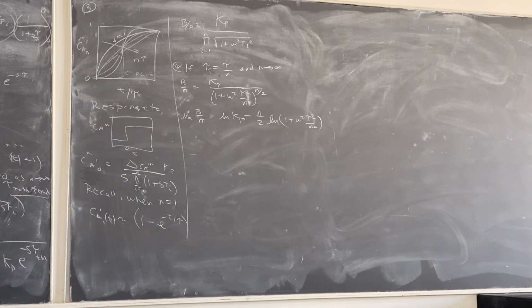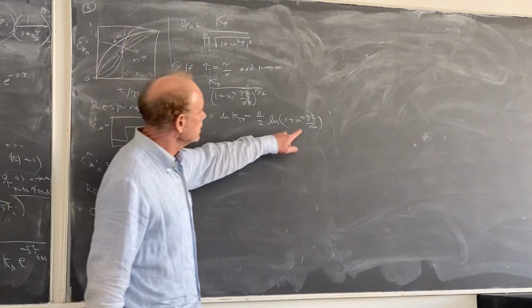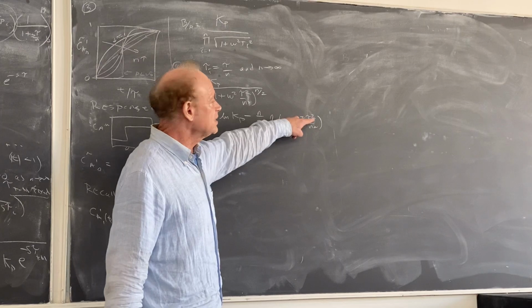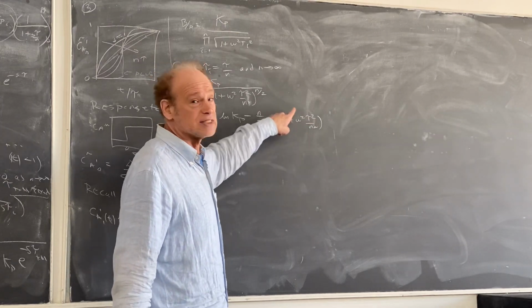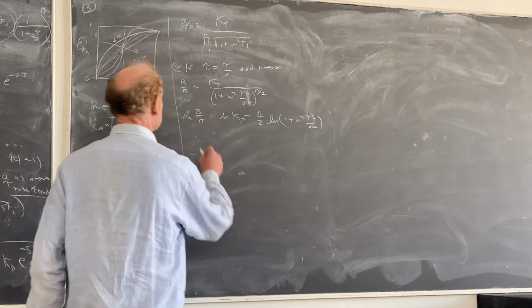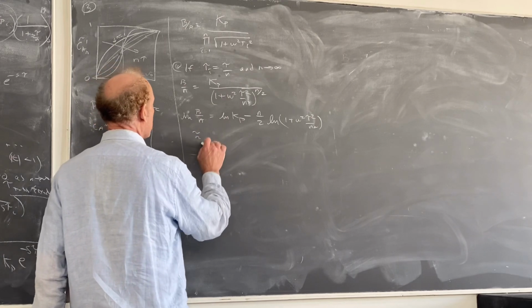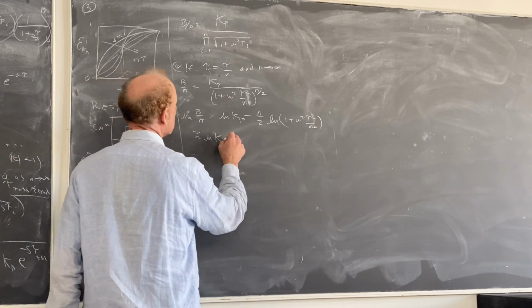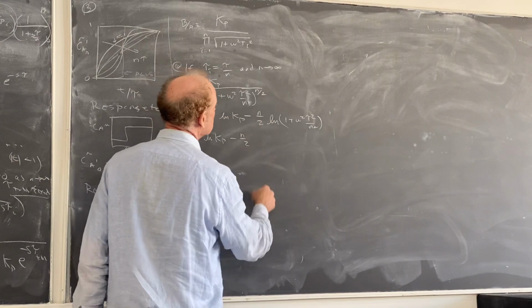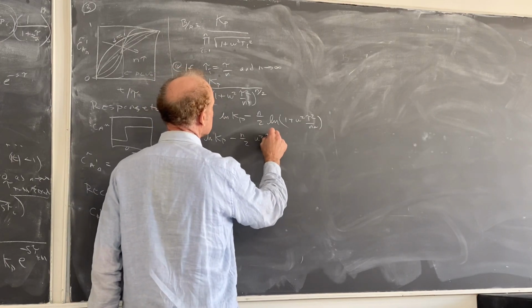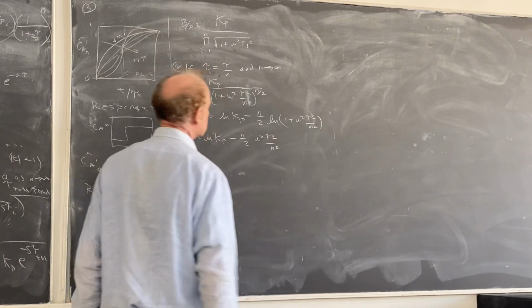And now I can use this again. As n gets large, this thing becomes small, so I can consider this thing epsilon. In which case, this goes to log of Kp minus n over 2 times omega squared tau squared over n squared.